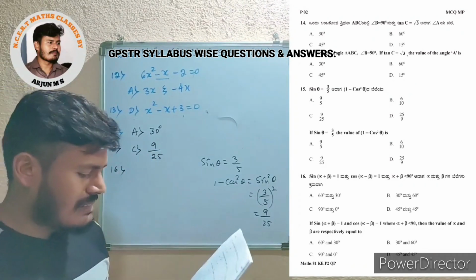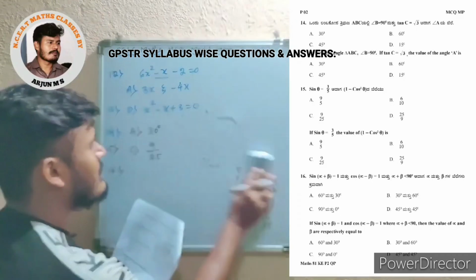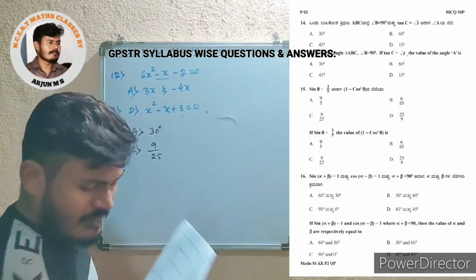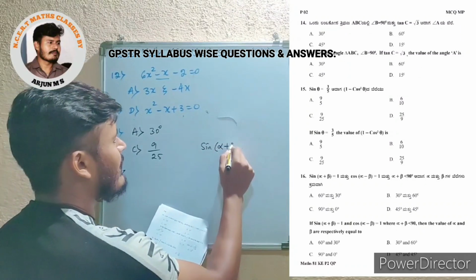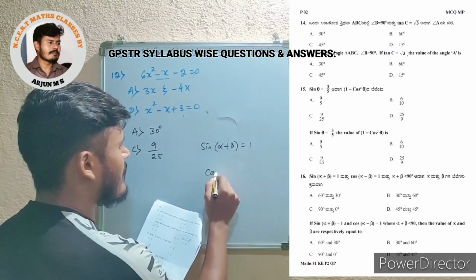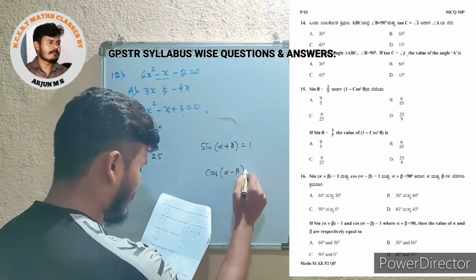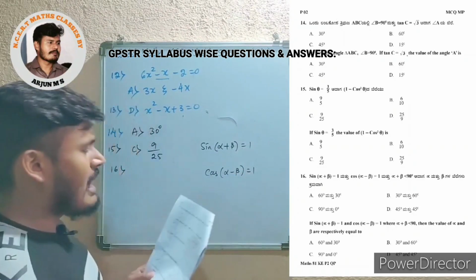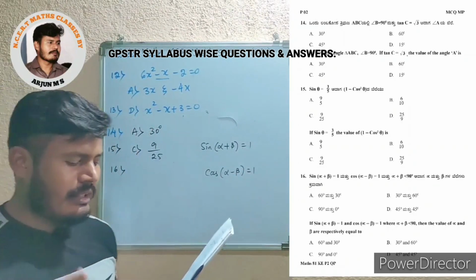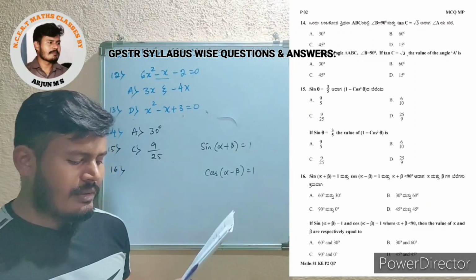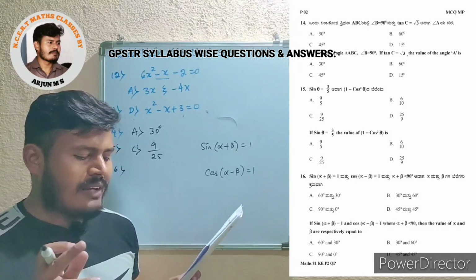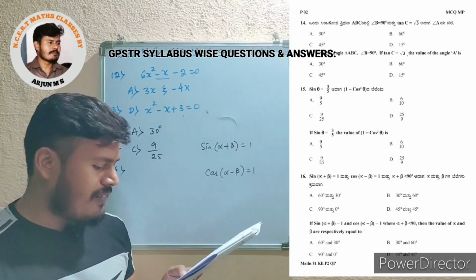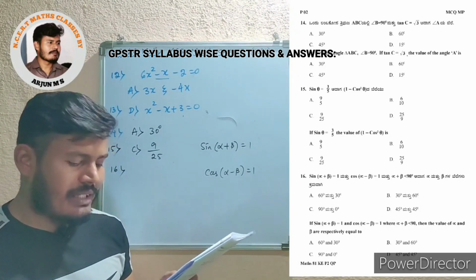So let us move to the 16th question. That is also a very interesting question. Sin of alpha plus beta is equal to 1 and cos of alpha minus beta is equal to 1. Then alpha plus beta is less than 90 degree. Then the values of alpha and beta are respectively equal to.